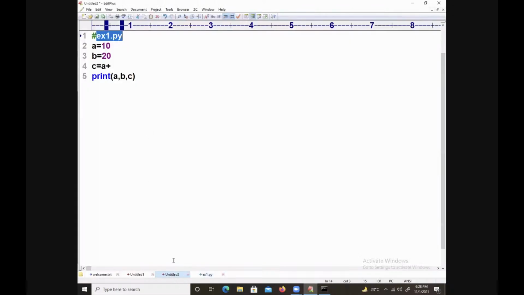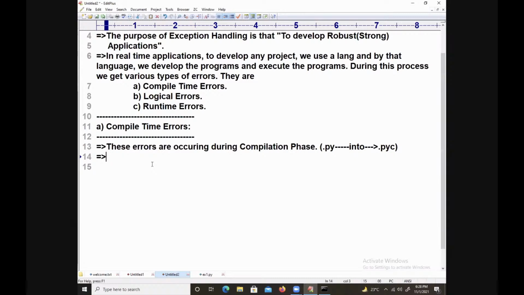So come to the point of it. Who will solve these errors? Everybody try to understand me, please. These errors occur due to syntaxes not followed in the compilation phase.